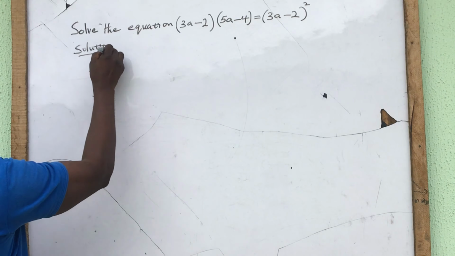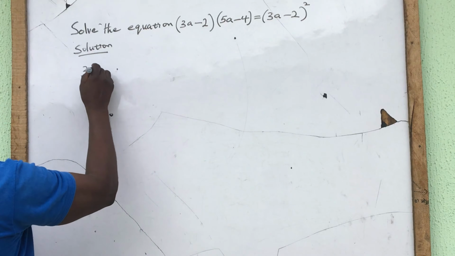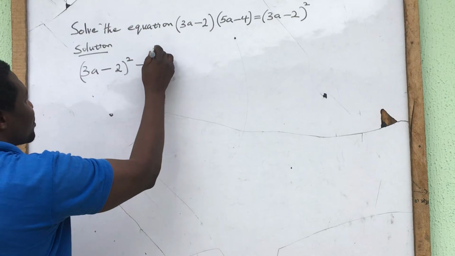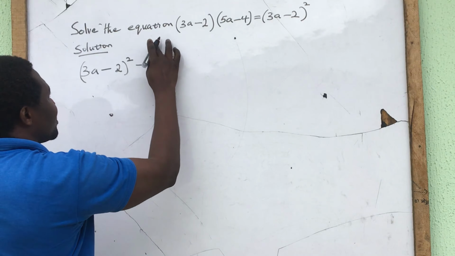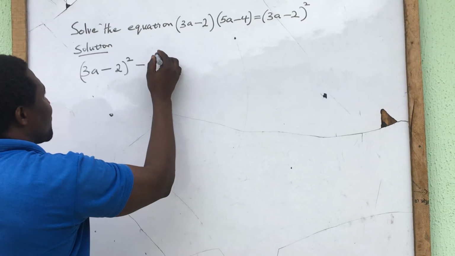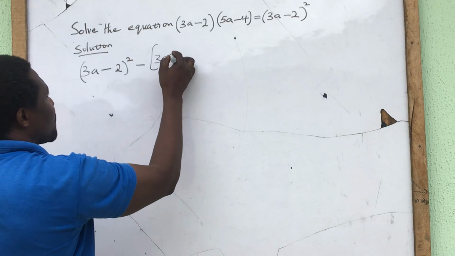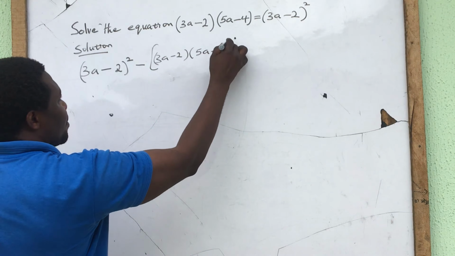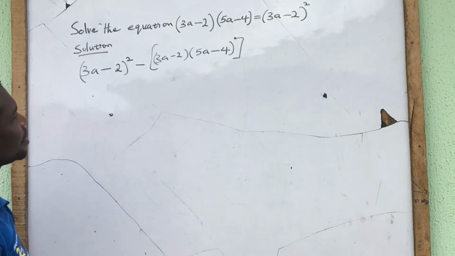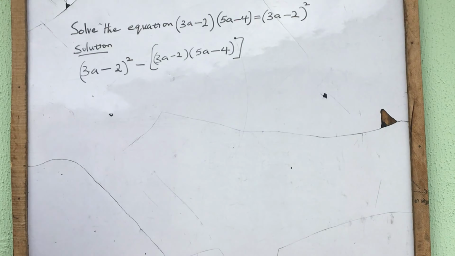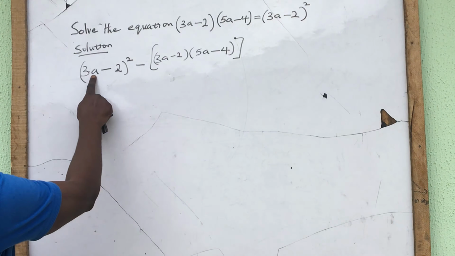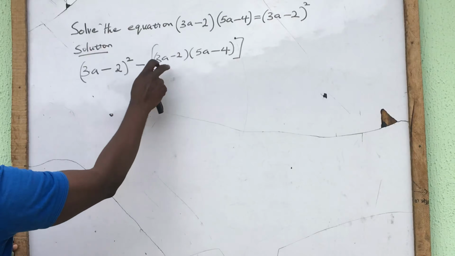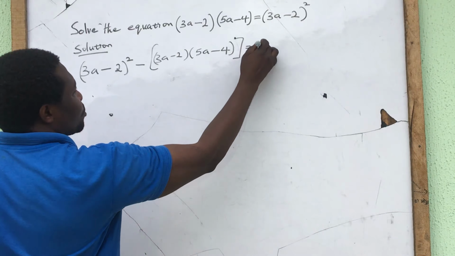So we have (3a minus 2) squared minus (3a minus 2) times (5a minus 4). If you look at it very well, you see that 3a minus 2 is common to both of these terms. So this equals 0.